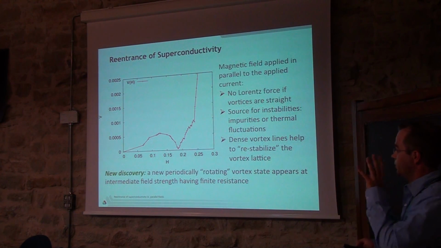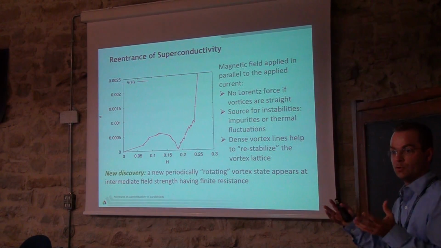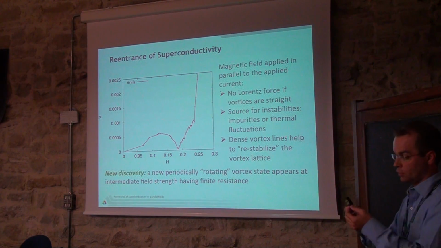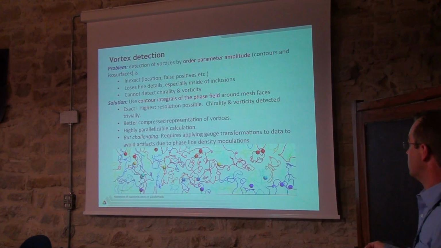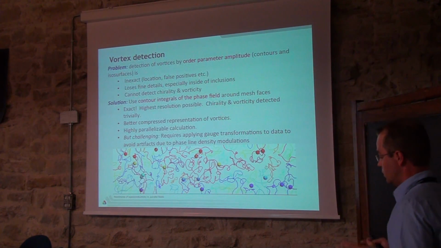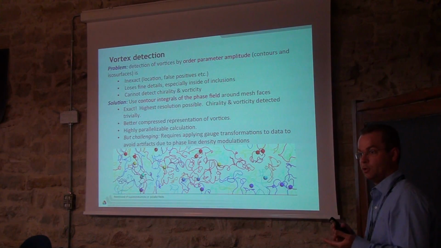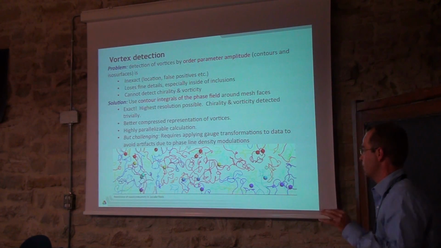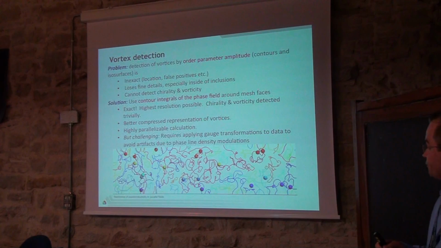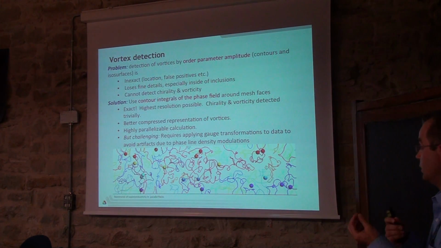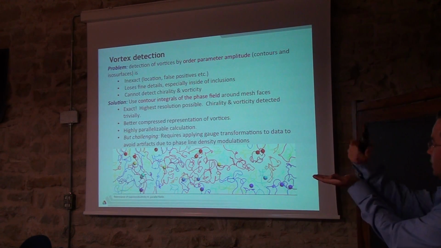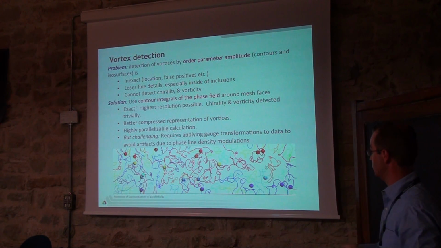So now you saw mostly isosurfaces of the order parameter, but in order to understand what is really happening in these systems, it is very useful to develop a technology to figure out how vortex lines are actually moving and what is happening when, for example, one vortex line crosses other vortex lines.